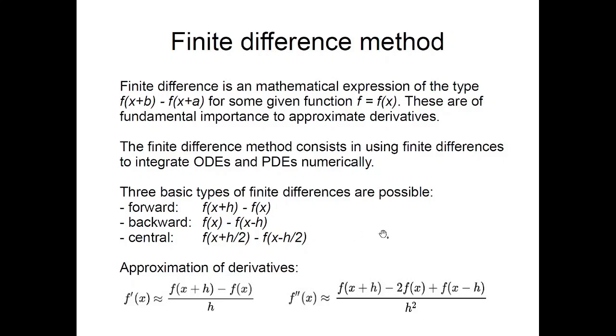These three types of finite differences are utilized to introduce the concept of approximation of a derivative. In particular, I'm showing two different ways to use finite differences to approximate the first derivative of a function and the second derivative of a function.